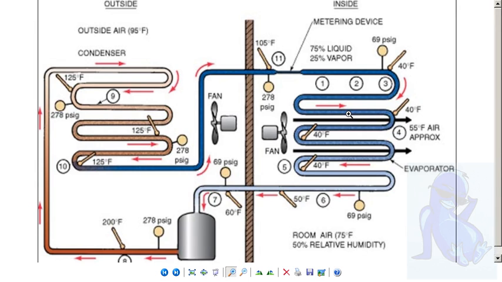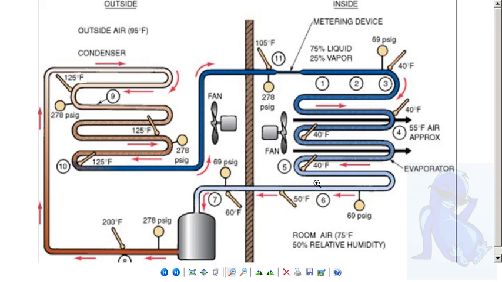It's blowing that indoor air over the coil, and that indoor air is transferring the BTUs in that indoor air into this coil. So a lot of BTUs now are being absorbed by your evaporator. You could call the evaporator a heat sponge because it is just sponging up all the BTUs out of the air, and your air is coming out at 55 degrees out of your supply vent.